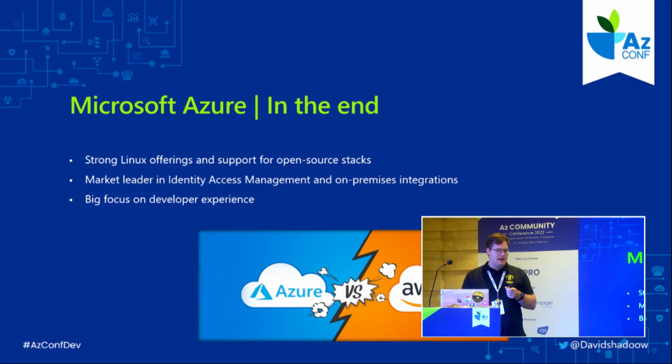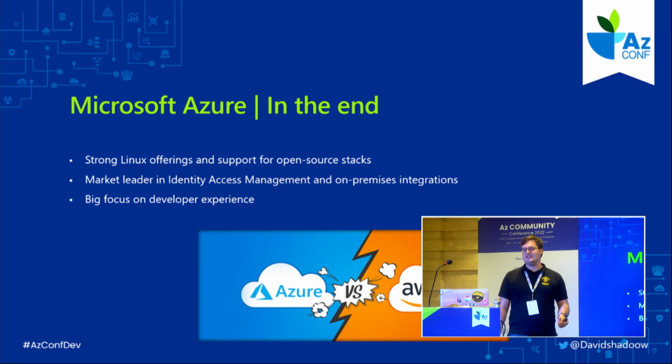So I think Microsoft has come strong back with open source support since 2014 and even since 2018, since the GitHub merger. It's also the market leader in identity access management and on-premise integrations.